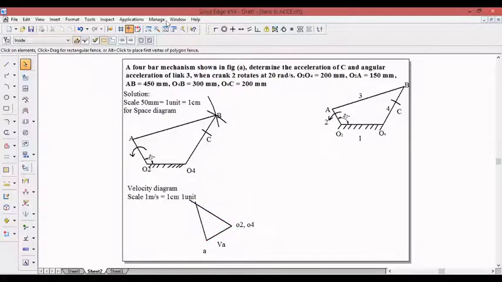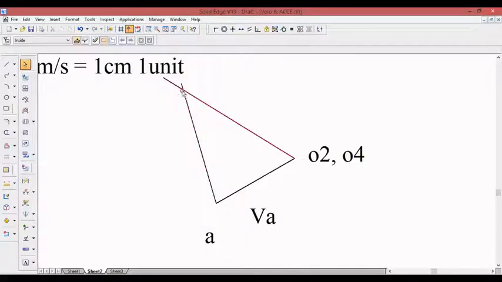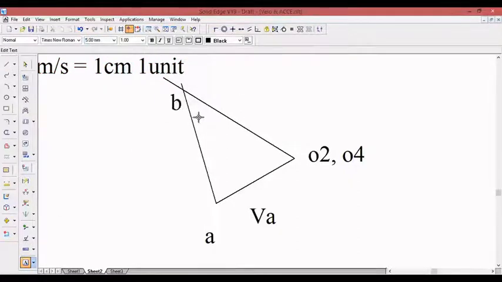Now we can see two vectors are intersecting at this point. So this will now be the required point B. Hence, this vector will now become the velocity of point B with respect to A, and this will be the velocity of point B with respect to O4.